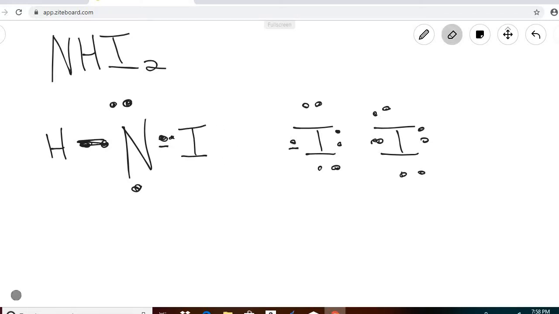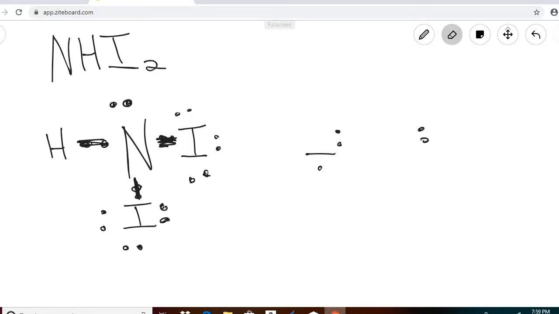Let me go ahead and erase this, and move that iodine over there. They can share that pair of electrons, and then iodine will still have the other 6 valence electrons, and then this unpaired one on that iodine can share with the remaining unpaired electron on the nitrogen, so that becomes that bond there. And then again, iodine will have the rest of its valence electrons.